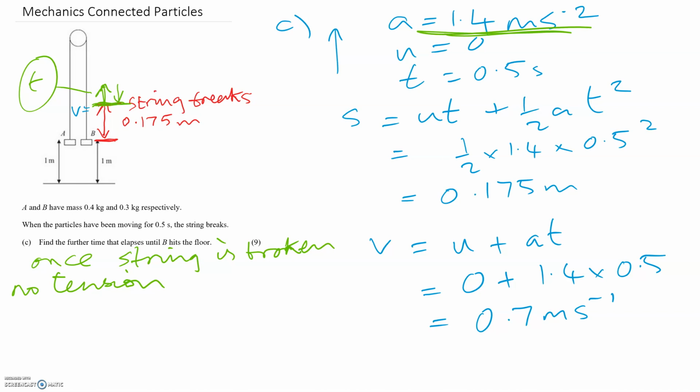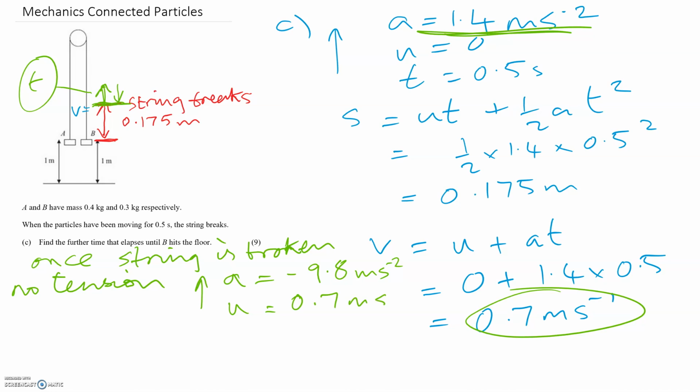Because there's no tension in the string, the acceleration is all due to gravity. We're taking up as positive, so the acceleration is minus 9.8. There is no tension in the string. U will be this, because that's what it was traveling at before the string broke. And so we've got 0.7 meters per second here.